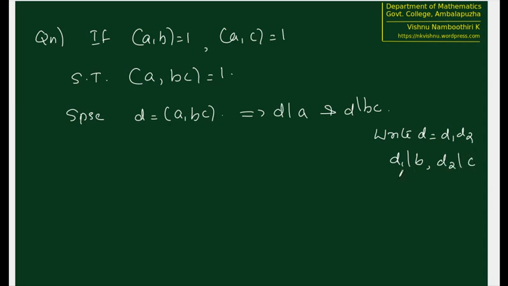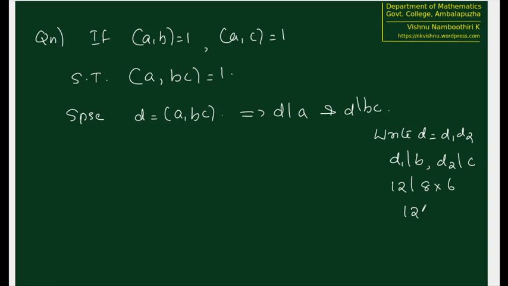For example, we have 12 divides 8 into 6. So from 12 we have 4 dividing 8 and 3 dividing 6.